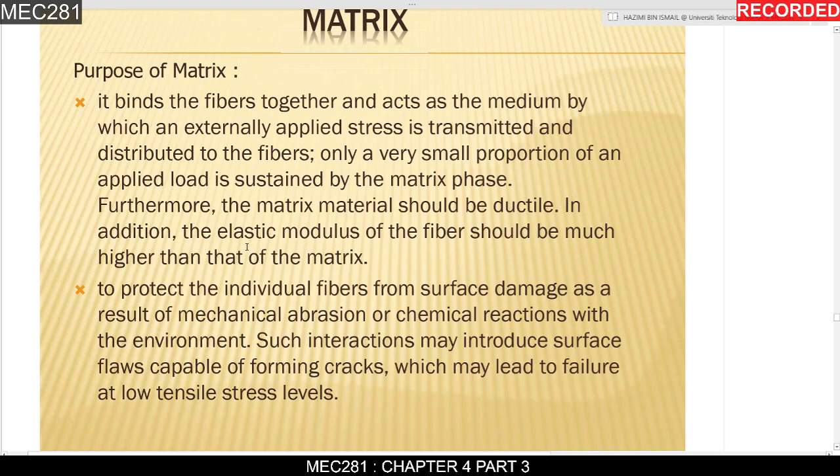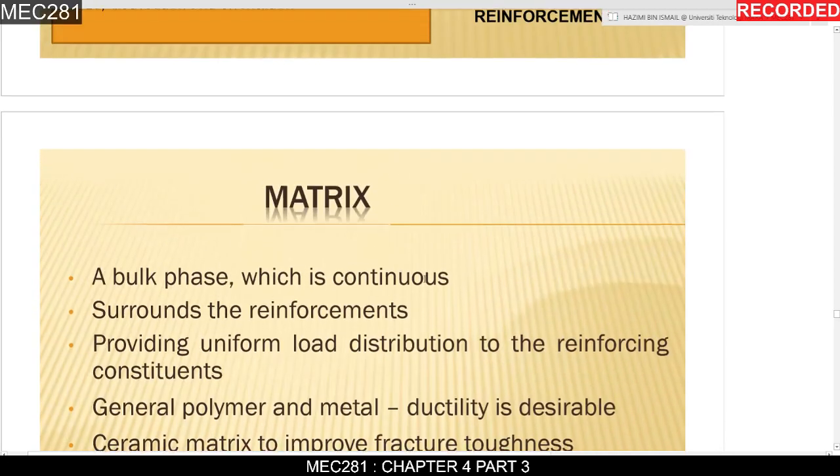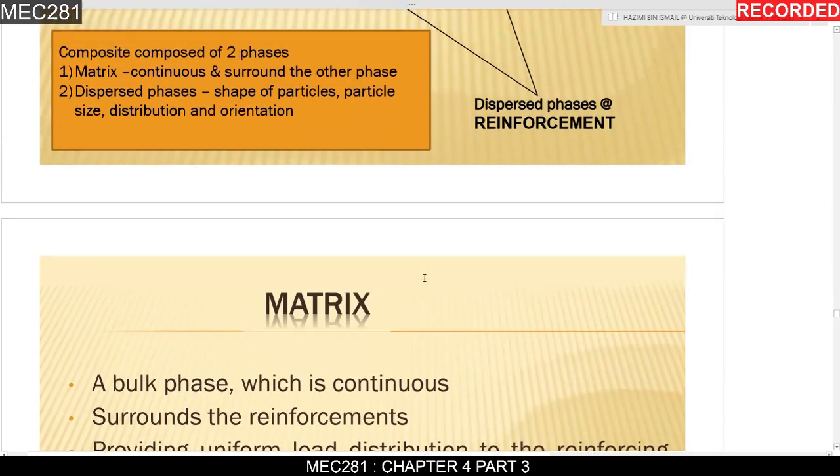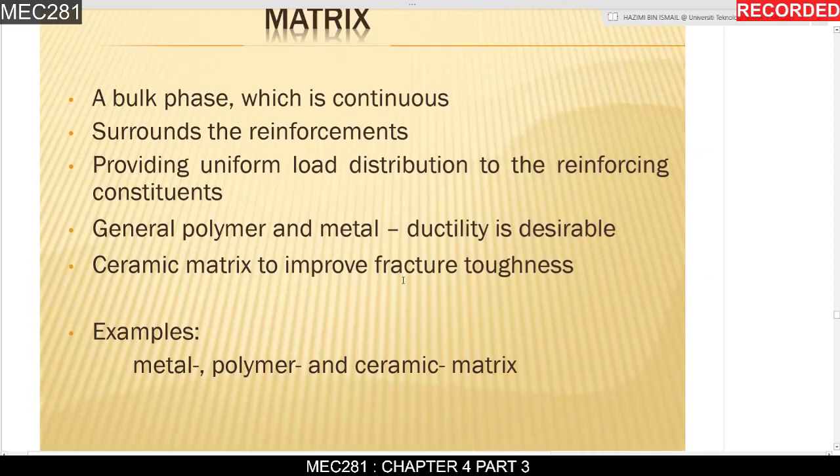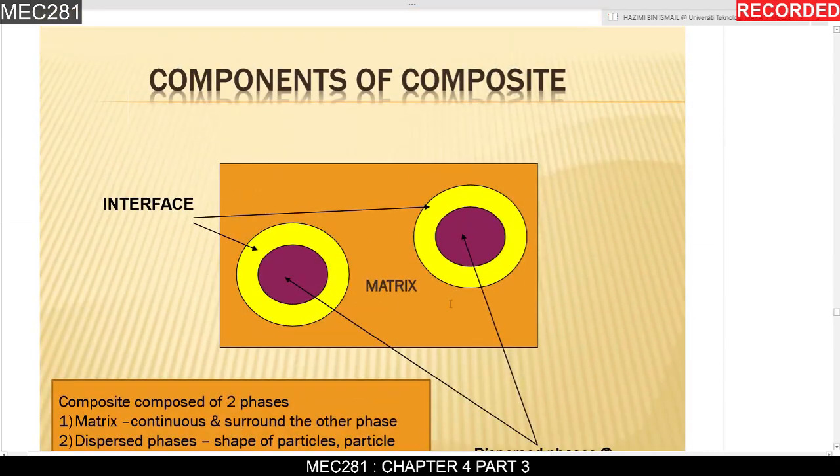Dia akan kurang strength, tapi dia tinggi elastic modulus compared to fiber. Fiber ni yang contohnya kita combine besi dengan getah contoh. Okay, so besi cara kita letak dia tu kita guna fiber. So yang getah pun fiber. So apa maksud dia? Matrix tu yang tolong protect tu lah. Okay.